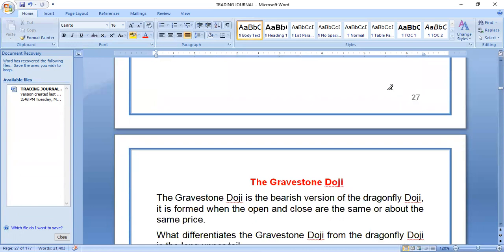Then we have the gravestone doji. This one is the bearish version of the dragonfly.